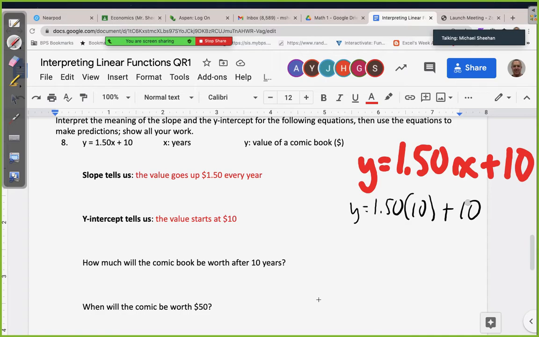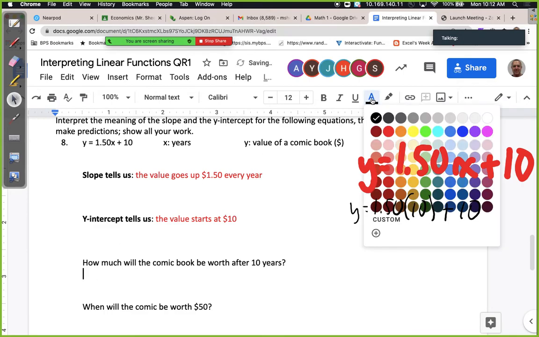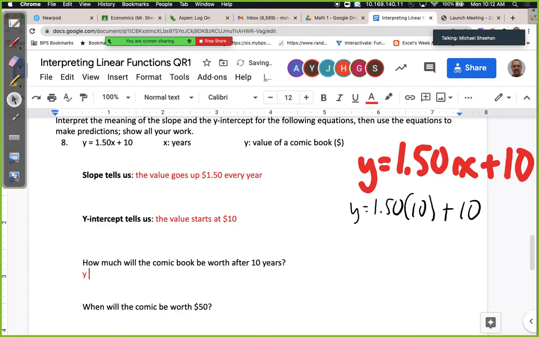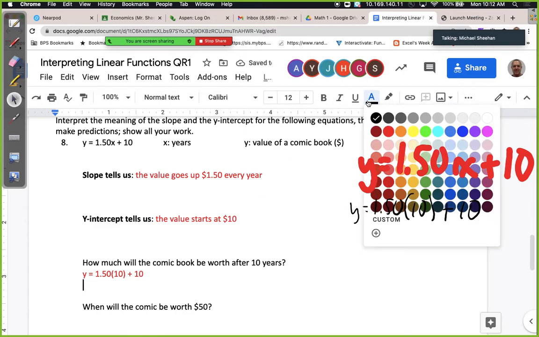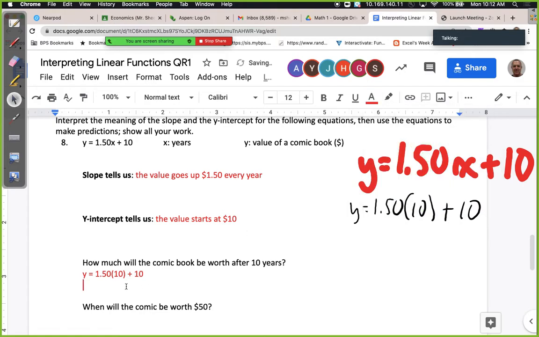All right, and so that's what I want to type in right here. Y equals 1.50 times 10 plus 10. And then use a calculator if you need to, but 1.50 times 10 plus 10 is going to be 25. And that's it.